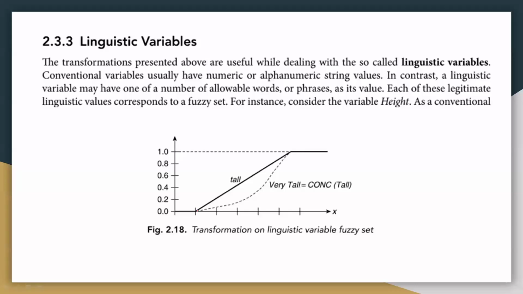The transition at the lower part and at the higher part is different for tall and very tall. Very tall is much steeper like this. It goes down. So that is what this graph means.